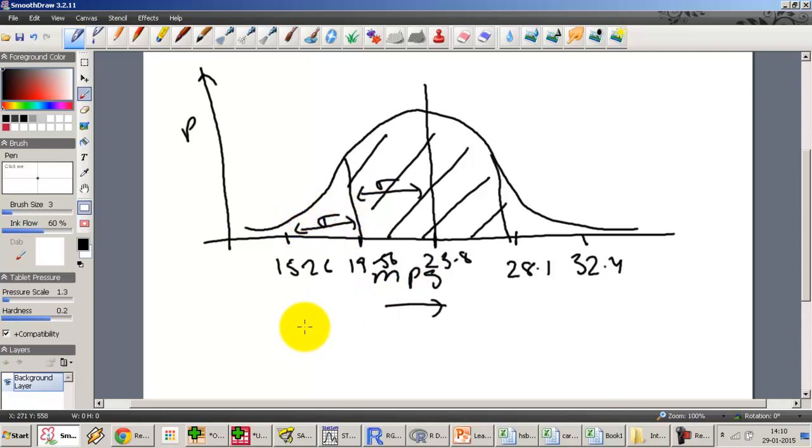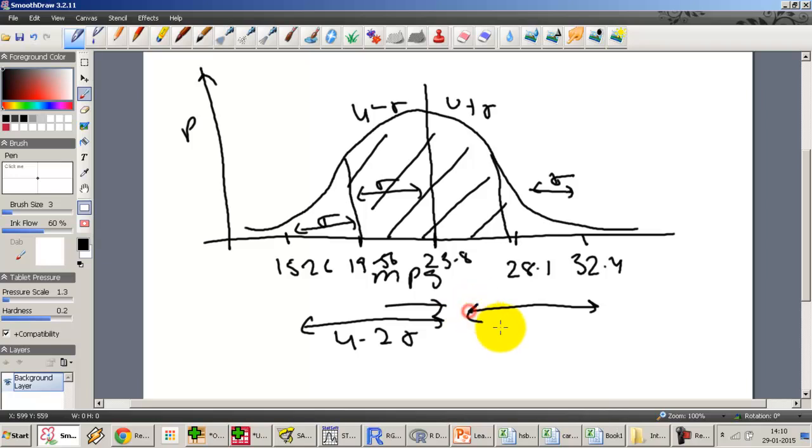So this range is mu minus 2 sigma, and this range is mu minus 1 sigma. So this is mu plus sigma, and then this is again 1 sigma over here, so this becomes mu plus 2 sigma. Now the range between 19.56 and 28.1 accounts for 68.3% of all the observations in the miles per gallon variable.